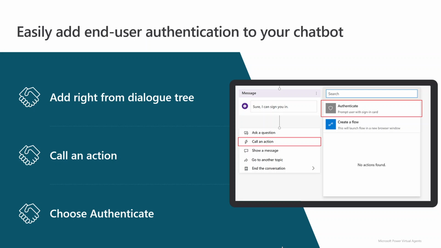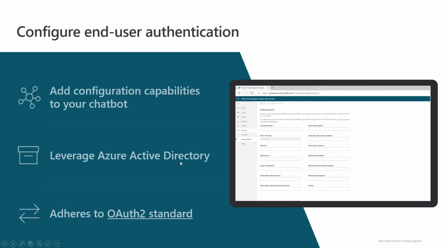Once they've authenticated, you've got their user token. You can then use their user token to query data in Dataverse about their particular status in the recruitment process.